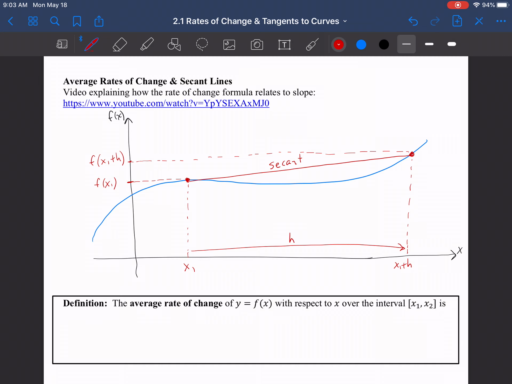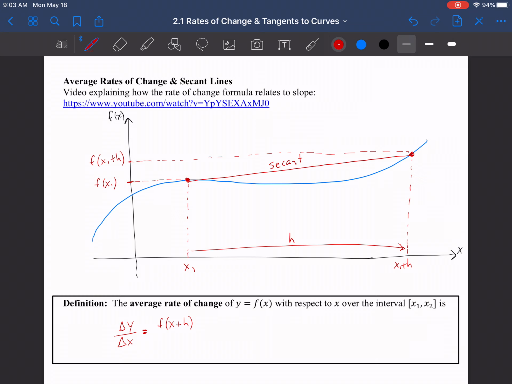So in other words, the slope of that secant line is going to be delta y over delta x. Again, very similar to what we did on the last page with delta y over delta t instead. And so now this is f of x plus h. We don't need to necessarily name it x1.